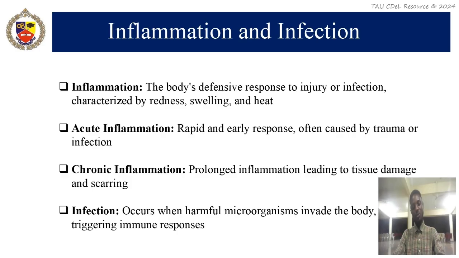Acute inflammation is a rapid and early response, often caused by trauma or infection, while chronic inflammation is prolonged inflammation leading to tissue damage and scarring. Infections are caused when harmful microorganisms invade the body, in which case they trigger immune responses. I hope you now get the clarity between inflammation and infection.